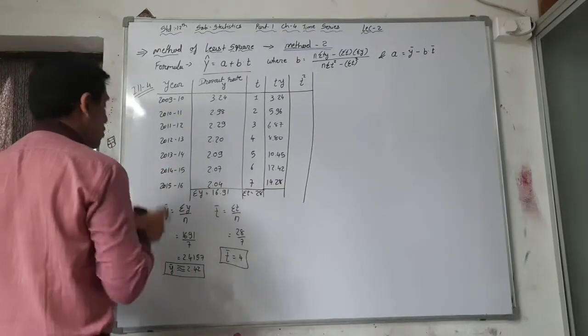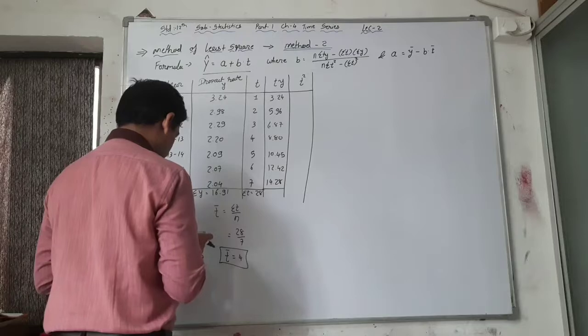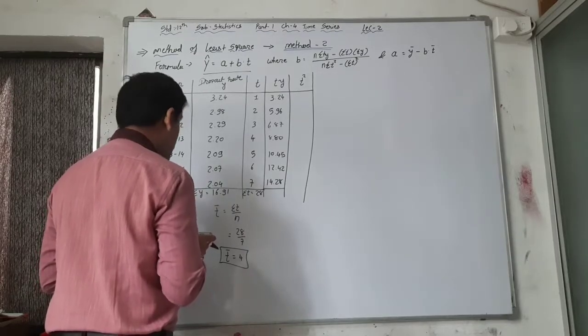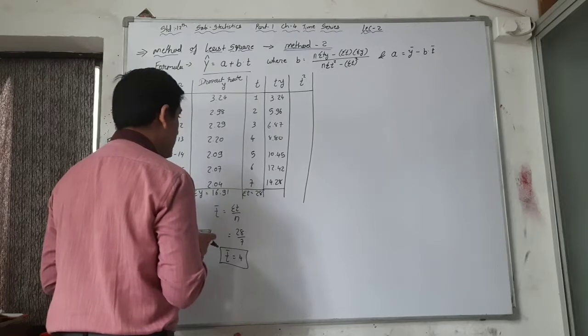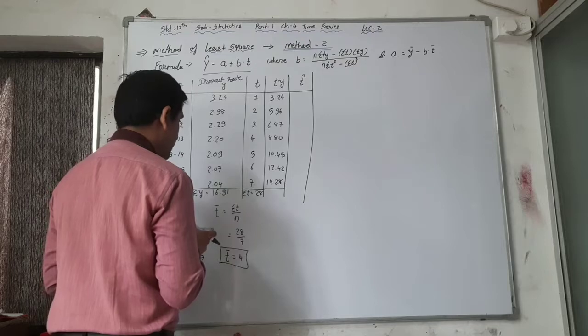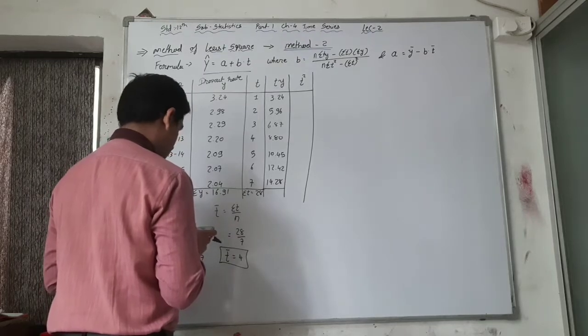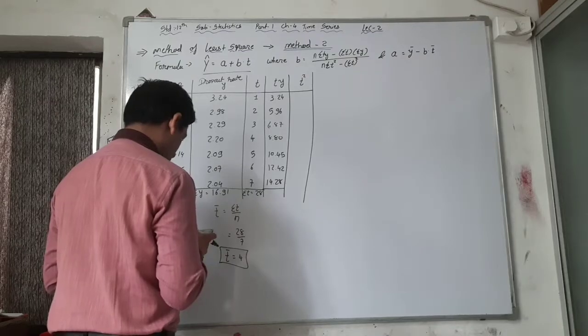So make the total: 3.24 plus 5.96 plus 6.87 plus 8.80 plus 10.45 plus 12.42 plus 14.28.